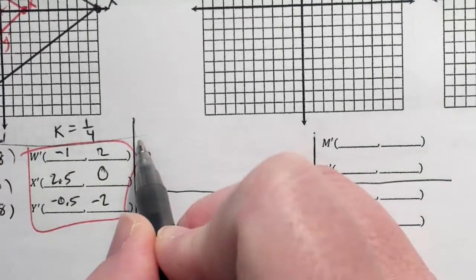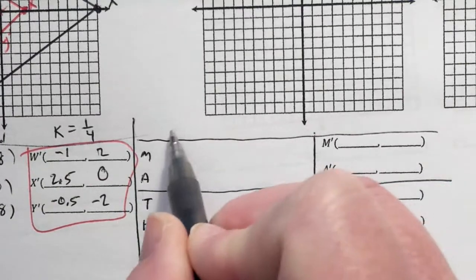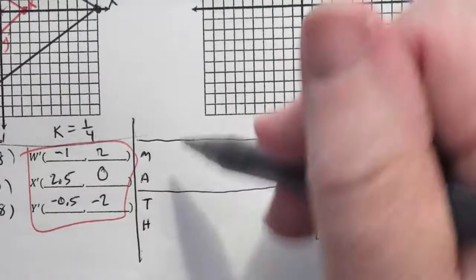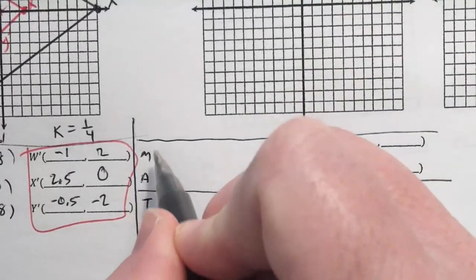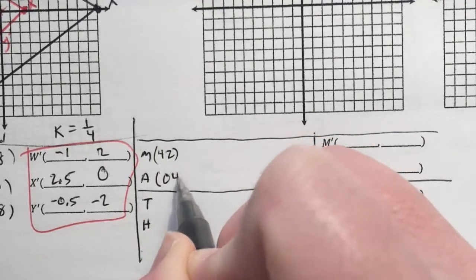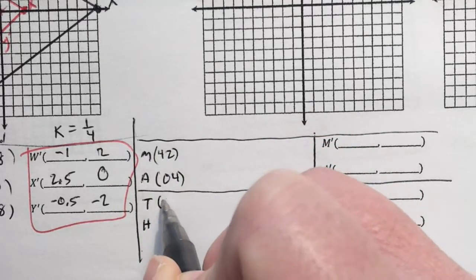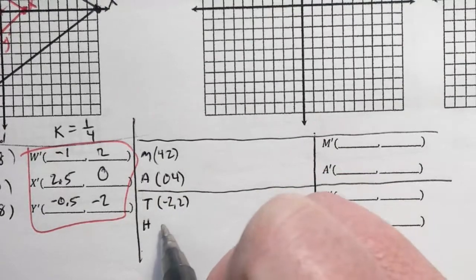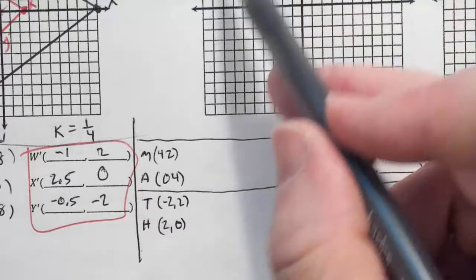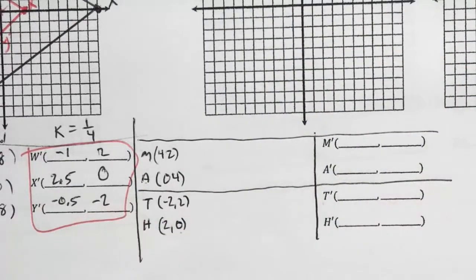Notice I have some space up here. Your M was 4, 2. Your A was 0, 4. Your T was negative 2, 2. And your H was 2, 0. Make sure that you copy these down correctly, because if you get this wrong, everything's going to be wrong.